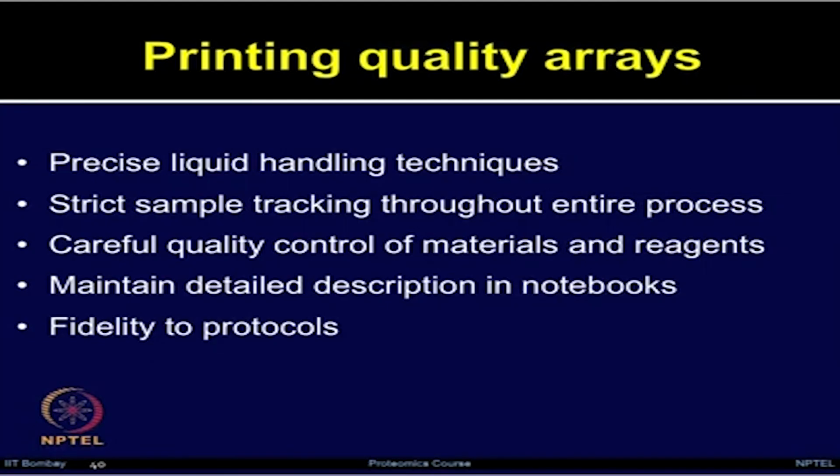It is a good idea to build a detailed log history for each step, starting from the cloning, DNA preparation, printing, etc. If you have done this step by step optimization and evaluation, there is less chance of making any errors, because in high throughput approaches, when we are talking about thousands of features, it becomes very essential that everything is tracked throughout and logged in detail in the logbooks.